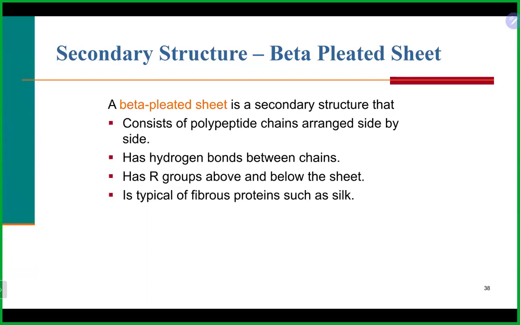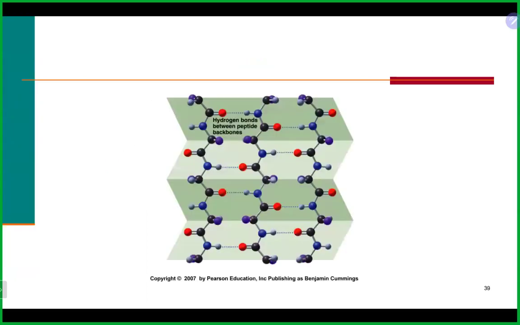So unlike in an alpha helix, where bonding happening down the road from each other causes it to coil up, these chains line themselves up side by side, so they can hydrogen bond straight across. The result is a pleated sheet type of arrangement, and it is typical in fibrous proteins such as silk.